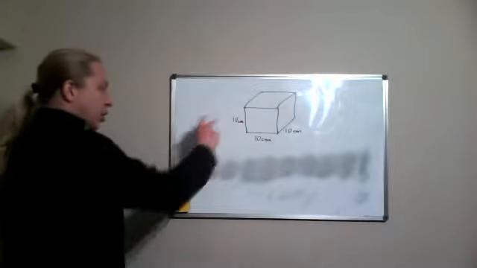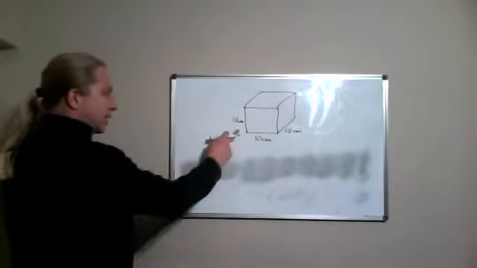So what do we have here? 10 centimeters times 10 times 10 is 1,000 centimeters cubed. That's the volume of this block, and that is also 1 liter, because that's what we are told.